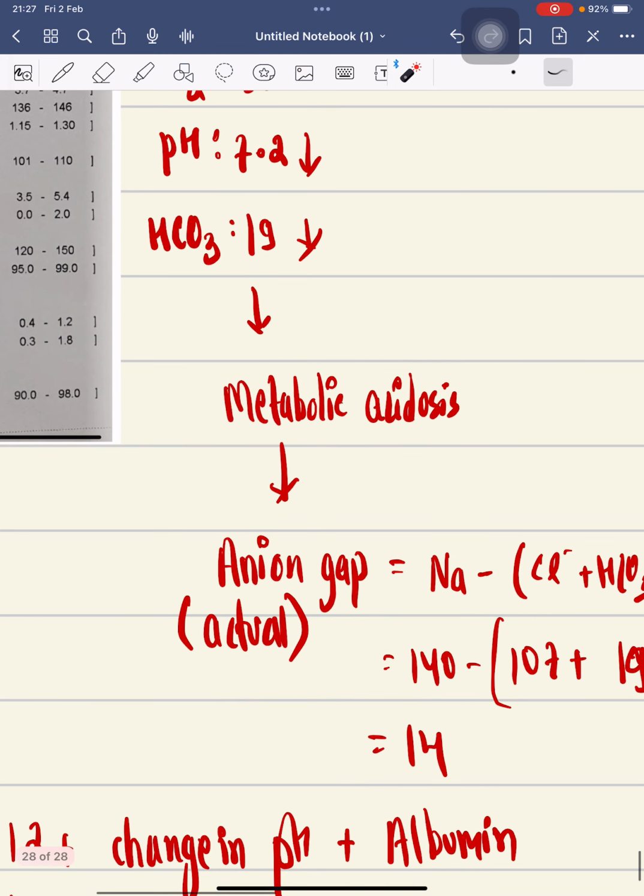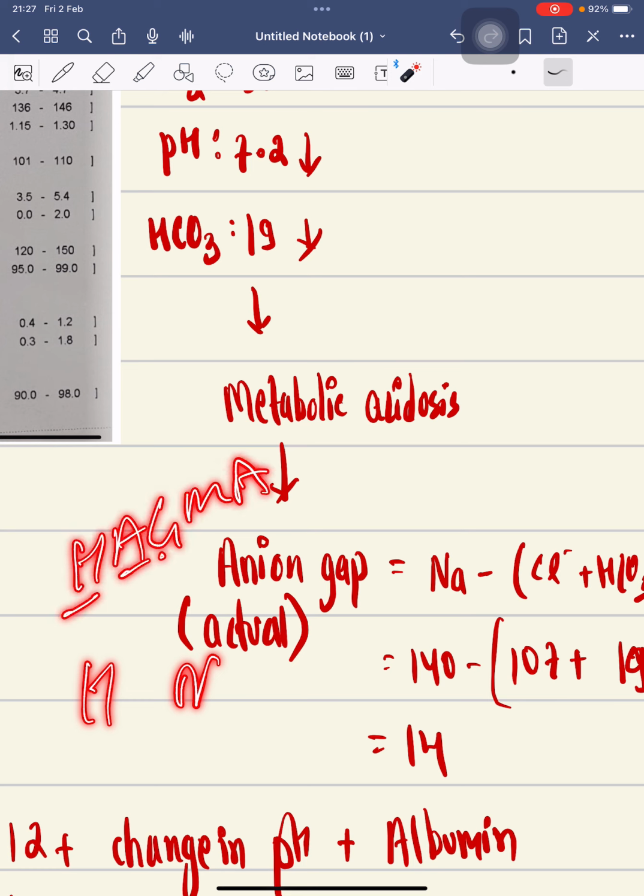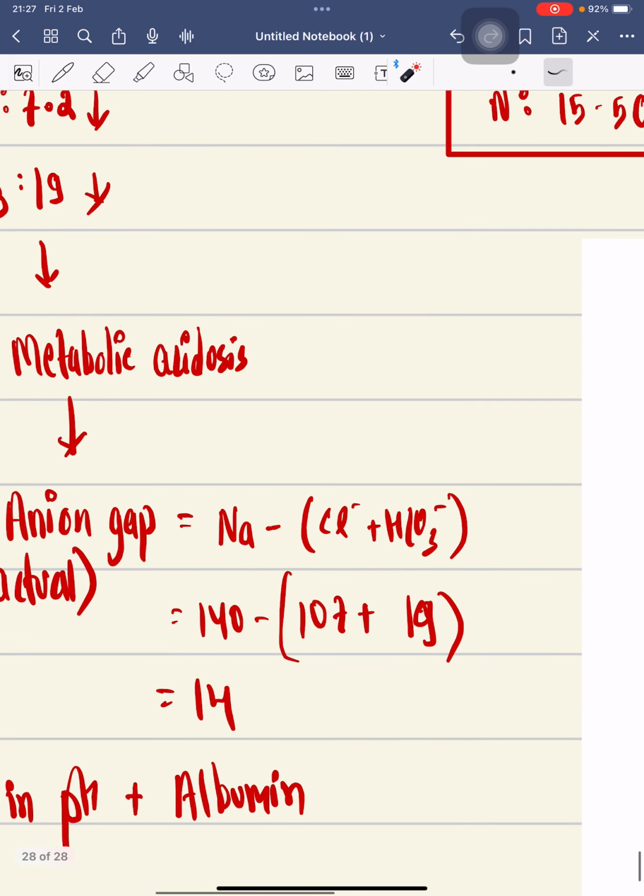Once we diagnose that it is metabolic acidosis, we should check the anion gap, whether it is high or normal. It's called HAGMA, high anion gap metabolic acidosis, or NAGMA, normal anion gap metabolic acidosis. For this we have the formula: sodium minus chloride plus bicarbonate.